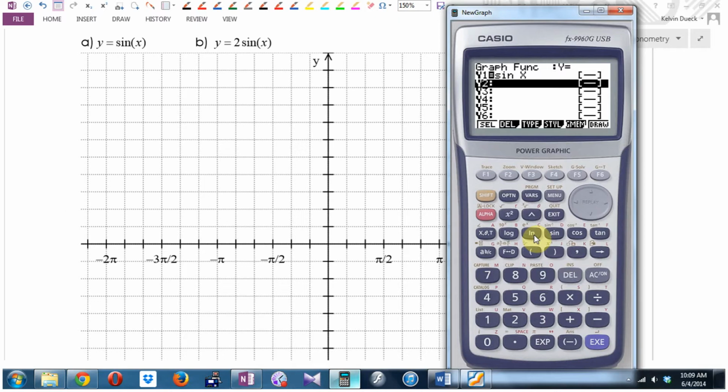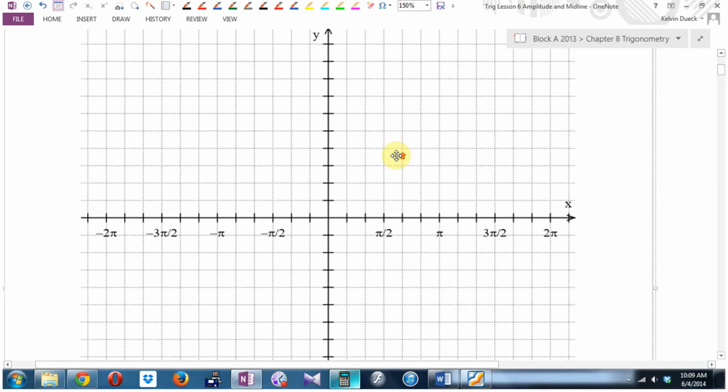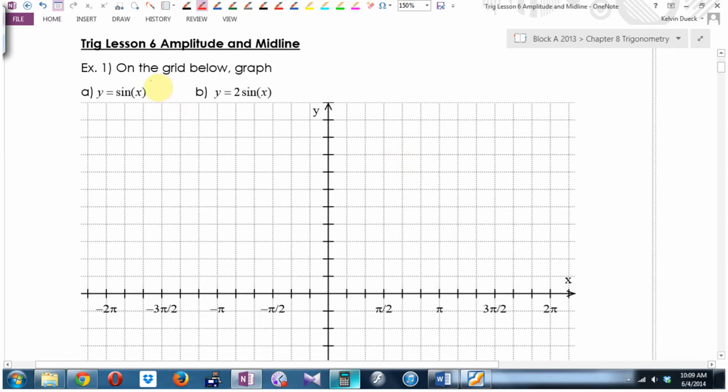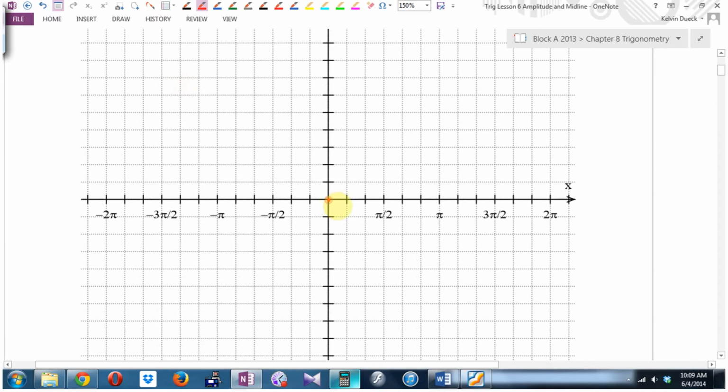Okay. I'm going to show you a way that you can memorize this graph fairly easily. You notice I haven't hit graph yet because I know what this looks like. Here's what I know. I know that the sine graph, y equals sine x, and I'll do that one in red, starts right there. It goes through 0, 0.